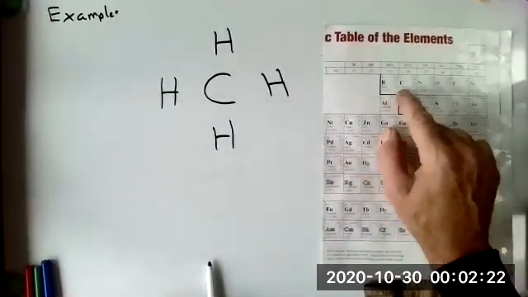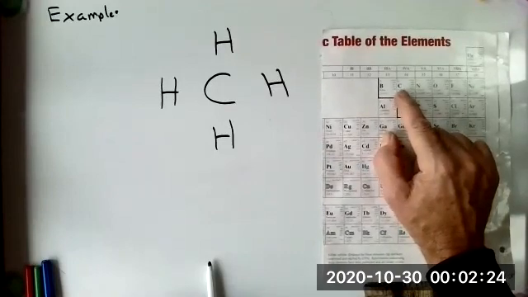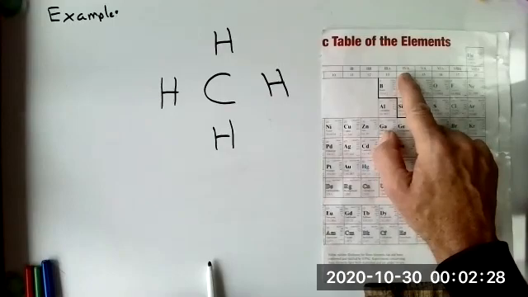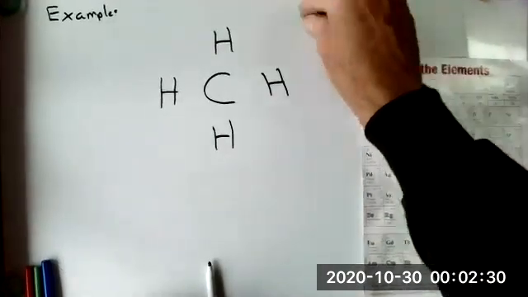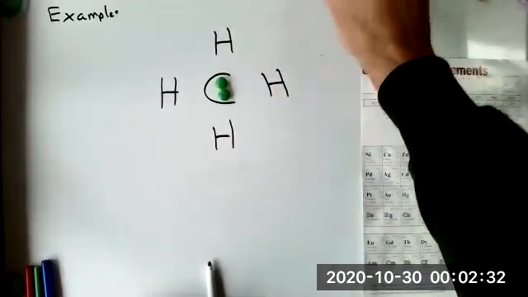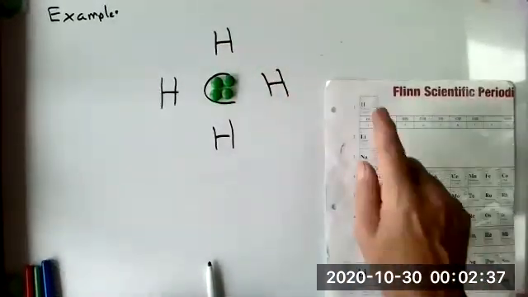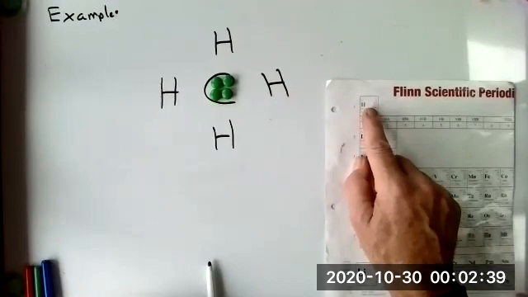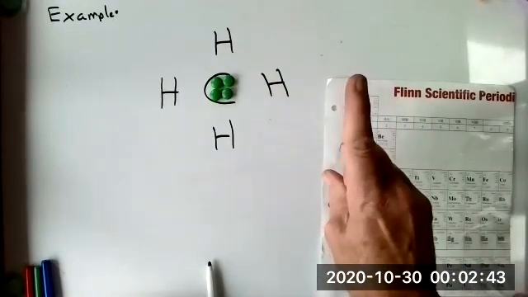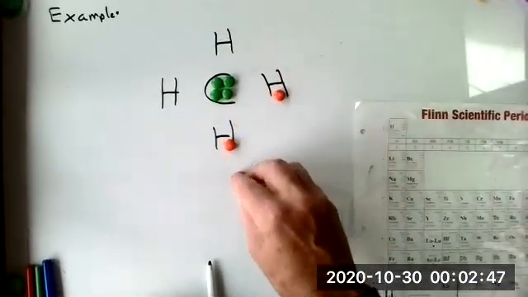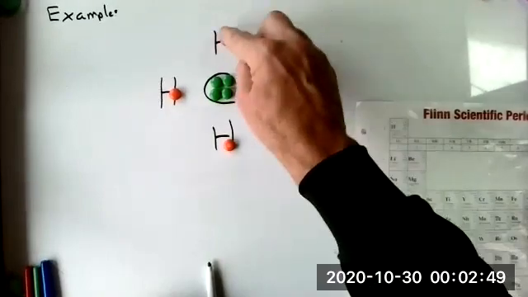Here's your first 4. If you move up, there's your Roman numeral. That's a 4. Hydrogen, I know, way over here in the wrong spot, but the key for him, 1 valence. So he gets 1, he gets 1, he gets 1, and he gets 1.